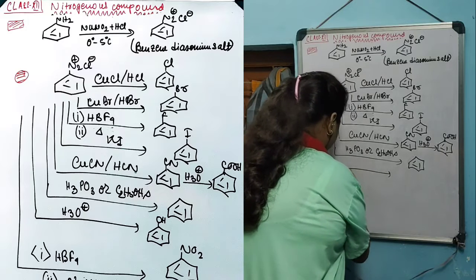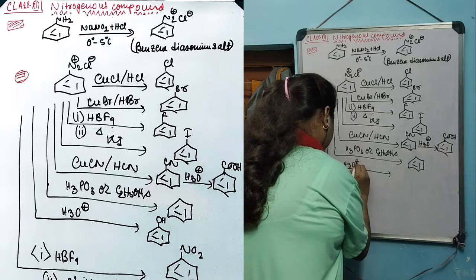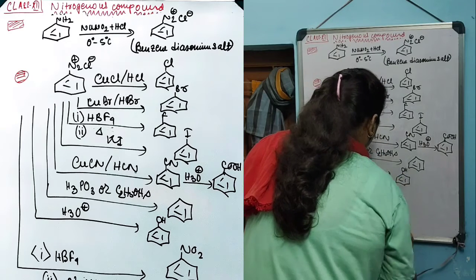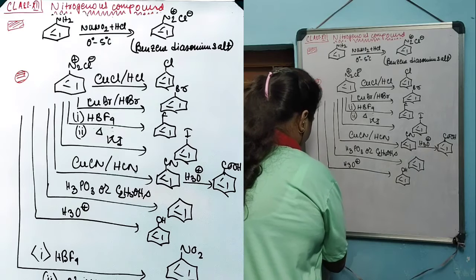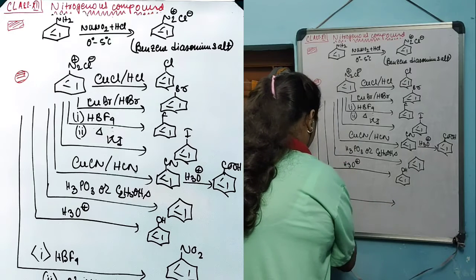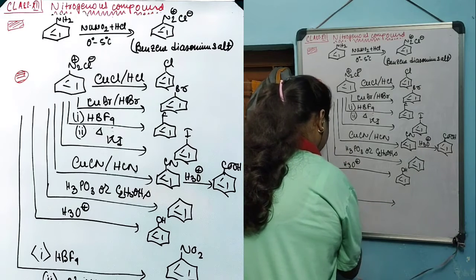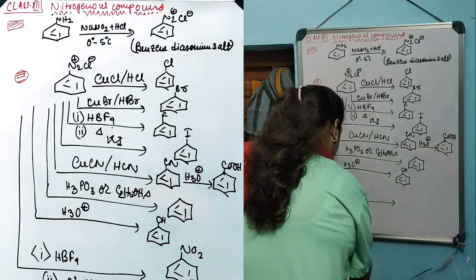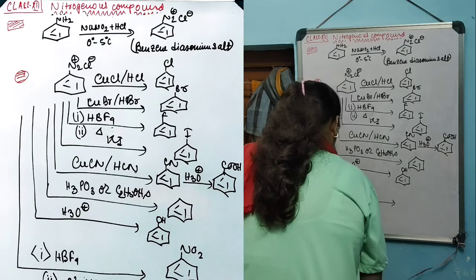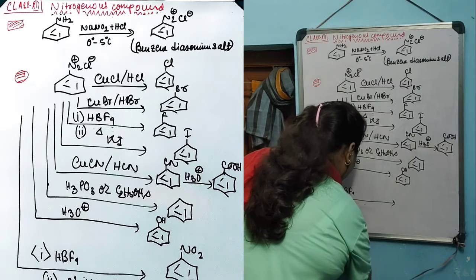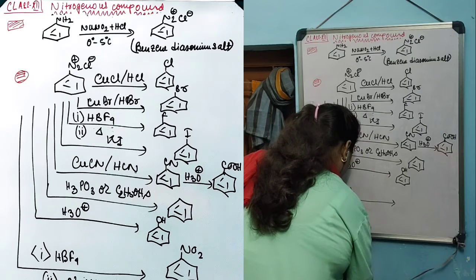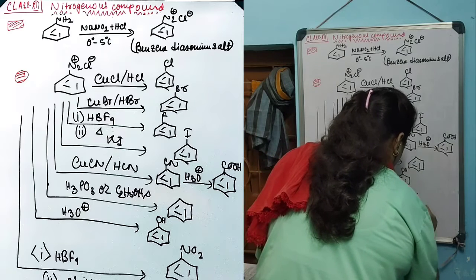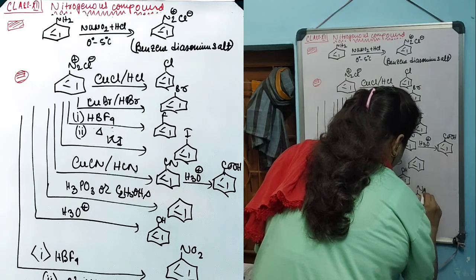When benzene diazonium salt is hydrolyzed, phenol is formed. When benzene diazonium salt is treated with HBF4 followed by NaNO2 and copper dust and heated, nitrobenzene is formed.